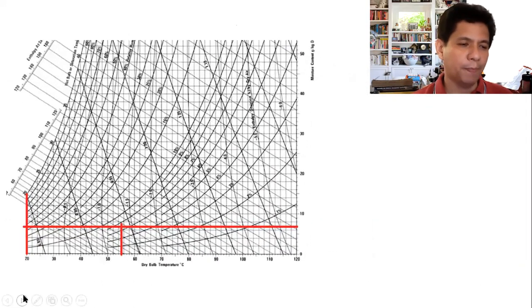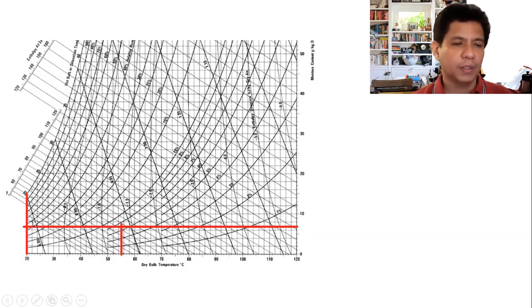So for number 5, initially the temperature is 20 degrees Celsius. Tapos the humidity is 0.065. So it's around here. This is 10. So that's around 6.5. So pag init nyo, constant lang yung humidity. Okay?